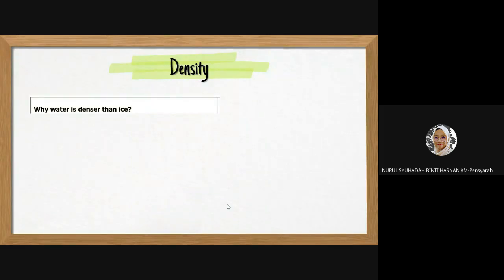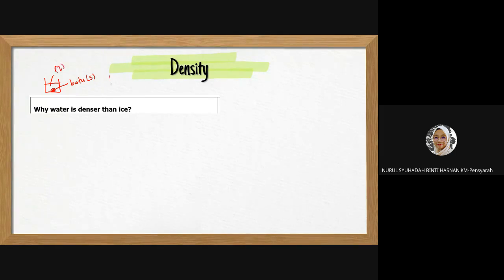Okay, so selalunya secara logik, kalau baling batu dalam air, batu akan tenggelam, betul? Betul. Okay, batu adalah solid. Okay, air adalah liquid.